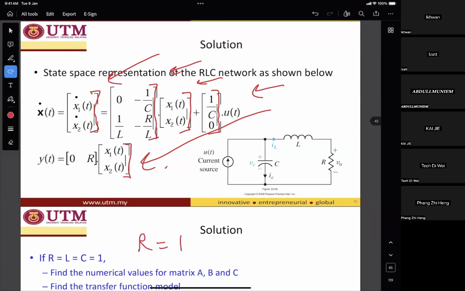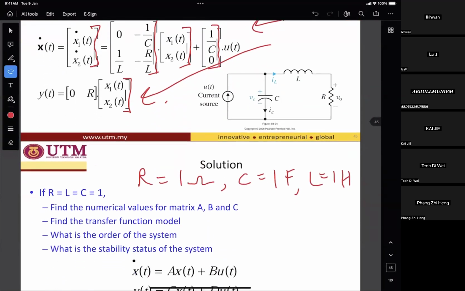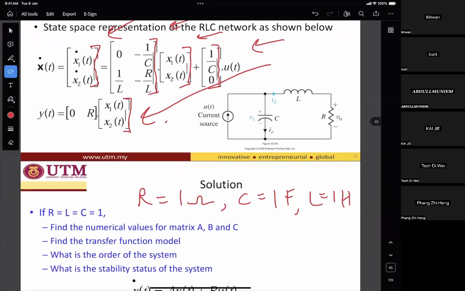If R is equal to 1 ohm, C is equal to 1 farad, L is equal to 1 henry, find the numerical values of matrix A. If R equal to C equal to L equal to unity, what is the value of matrix A?